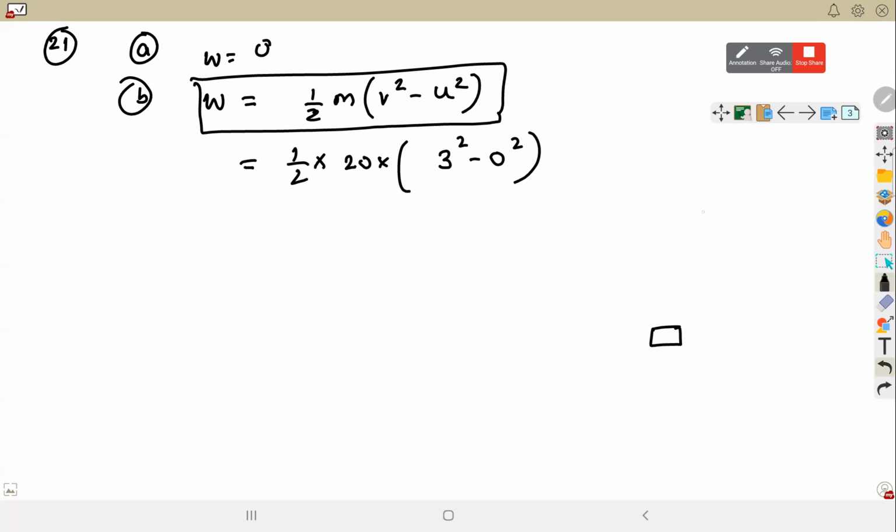So when he raised the box to height of h, assuming that he applies the same force as required against gravity. Sir, g is given as 10, so the answer is coming 100. So we will take 10.